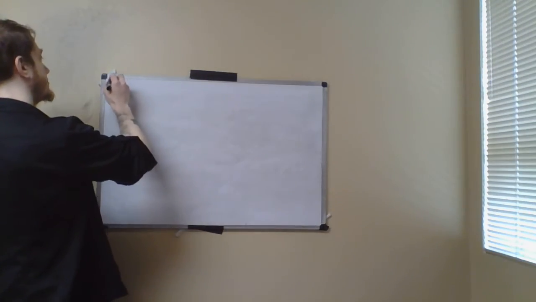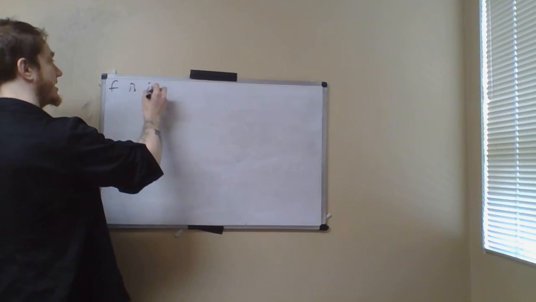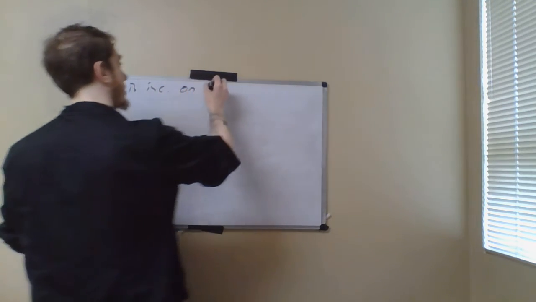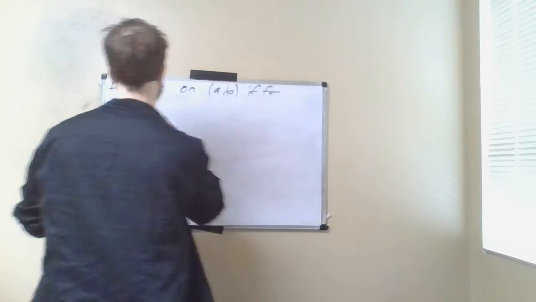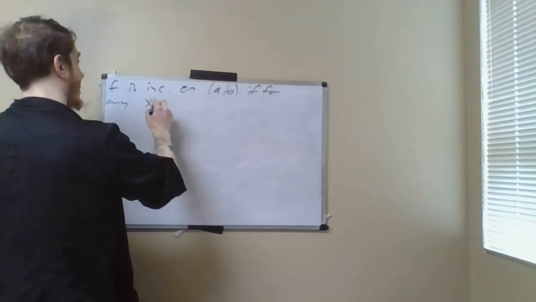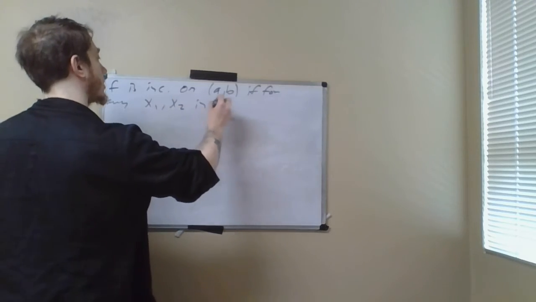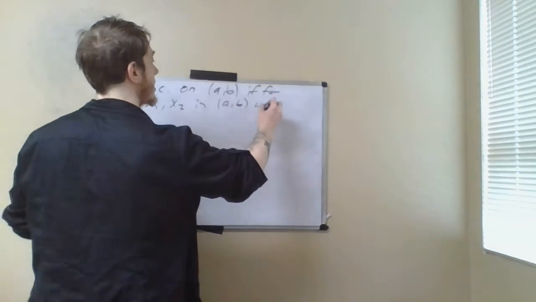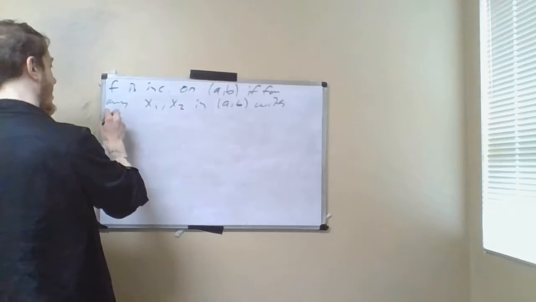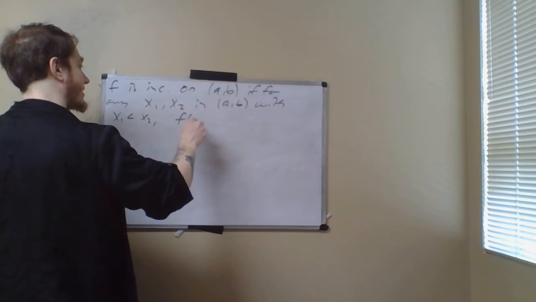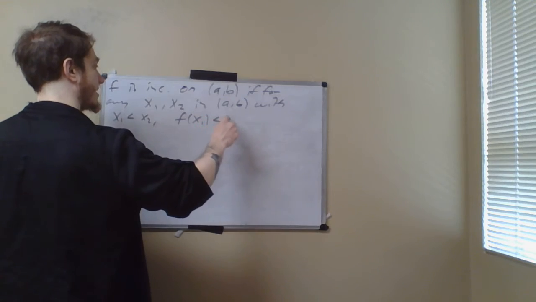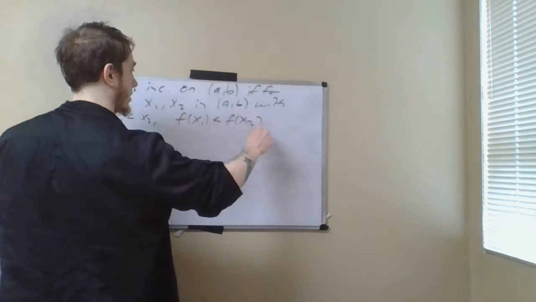So let me remind you that f is increasing on some open interval a to b if for any x1 and x2 in a to b with x1 less than x2, f of x1 is less than f of x2.